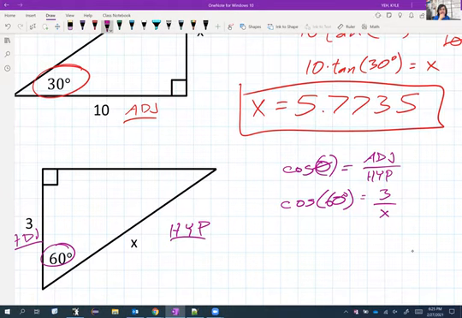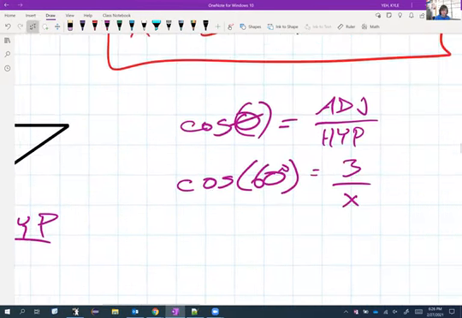Now, looking at this, what I want you to see is, okay, x is on bottom this time. That's a little more problematic, but not too much. I'm going to show you the two-step process, and then I'm going to talk about some things switching places, and then probably the rest of the way I'll just talk about things switching places because I think that's easier. I want to get x out of the denominator. I'm going to multiply by x on both sides.